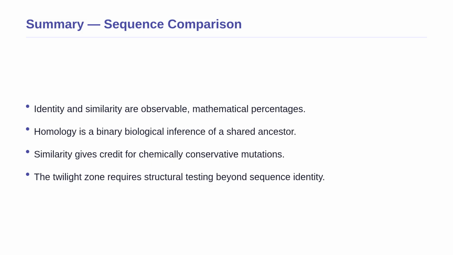Homology, on the other hand, is the biological conclusion we draw from those measurements, stating that the sequences evolved from a shared ancestor. You can measure similarity, but you can only infer homology. By mastering these calculations and thresholds, you now have the foundational tools to decode evolutionary history. Great job following along.